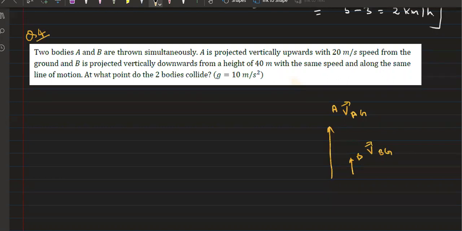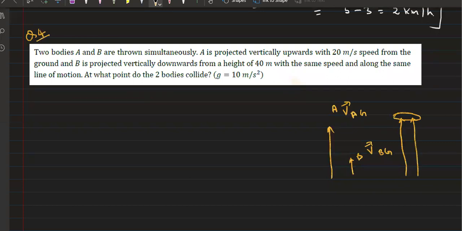Okay. Now, forget about velocity. If they both cover the same distance in the same interval of time, that's the meaning of collision.